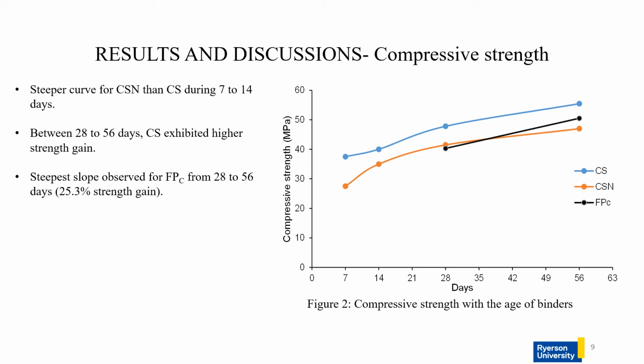The steepest slope was seen for the cementitious binder from 28 to 56 days because of the synergy between fly ash class F and cement particles, which led to 25.3% strength gain from 28 to 56 days for the control binder.